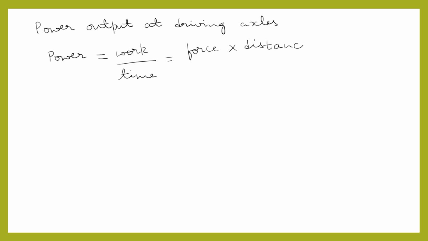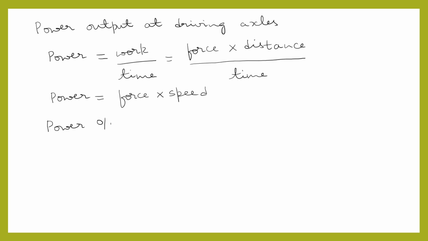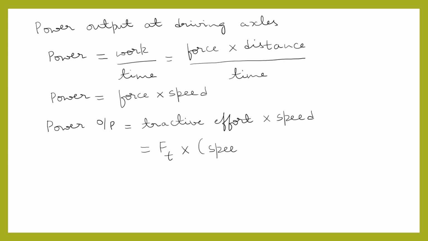So we get power is equal to force into distance by time, or power is equal to force into speed, because distance by time is speed. Therefore, at any time instant, the power output from the driving axles is given by tractive effort into speed, that is Ft into speed in meter per second.